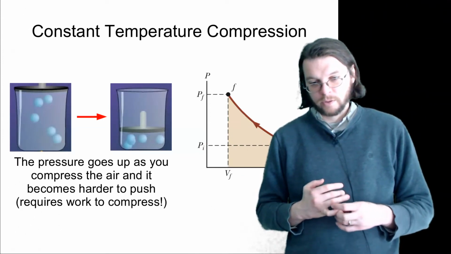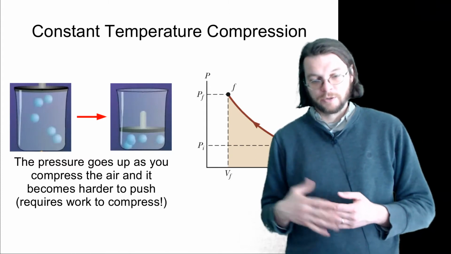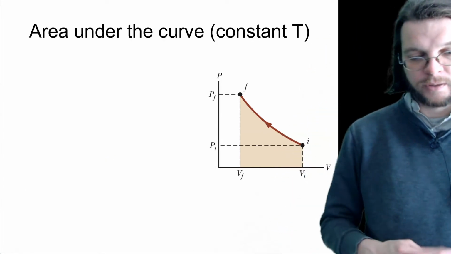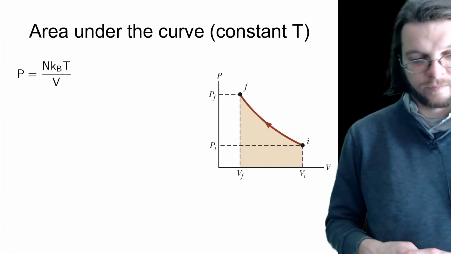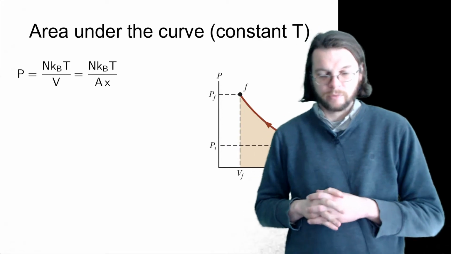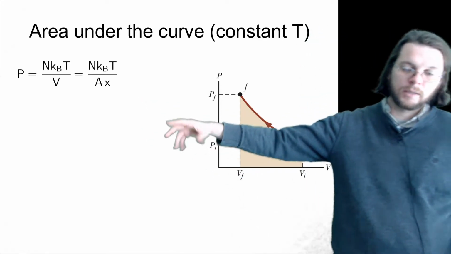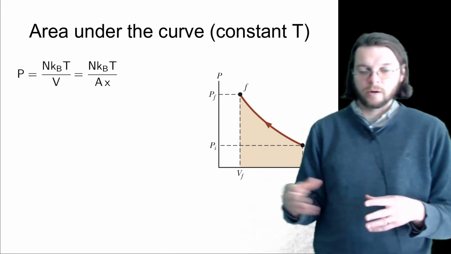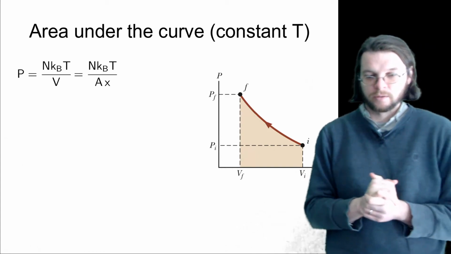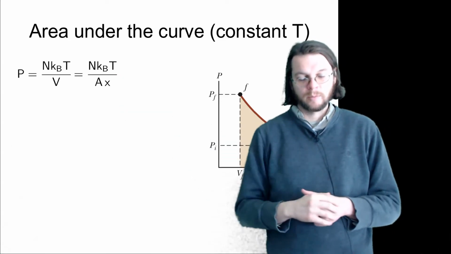We're going to use the ideal gas law to figure out what the pressure of the gas is. The pressure of the gas times the area gives us the force, and then we're going to think about over what distance we're compressing this thing. This version of the ideal gas law is the one that's most helpful for us. If you think about it, we have some container that has some cross-sectional area, and we are changing the placement of that plunger there. So you can just say the volume there is A times X, where X is the position of that plunger.